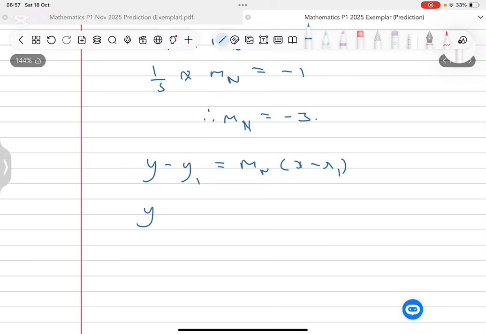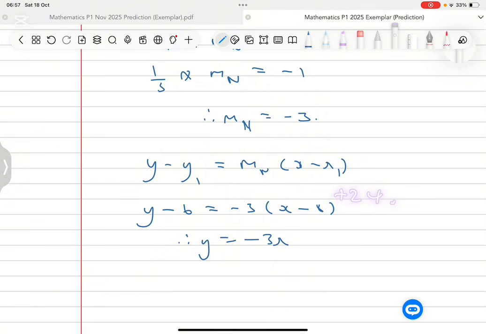So I'm going to have y minus 6 is equal to negative 3, x minus the 8. And this should narrow down to the fact that I'm multiplying this, it is going to be negative 3x. And here I'm going to have the negative 3 times negative 8, which will give me a positive 24, because a negative and a negative will give me a positive 24.